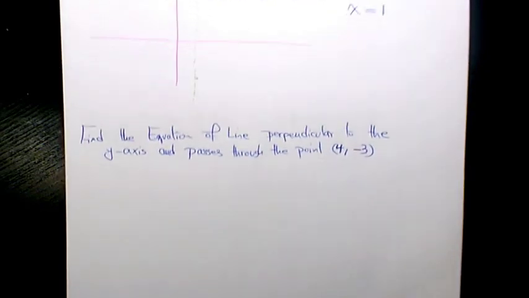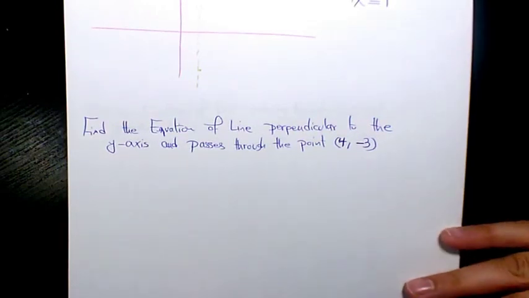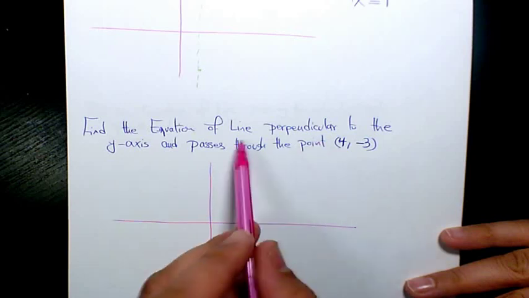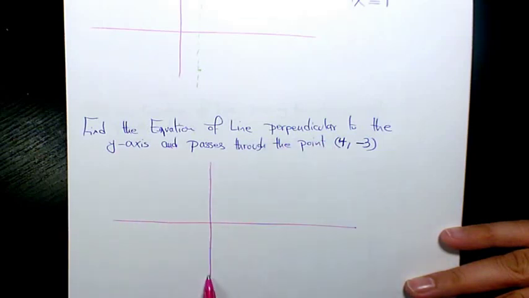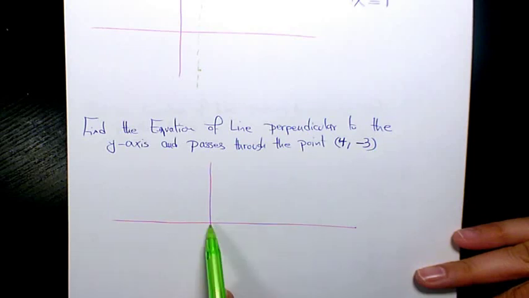In this example, it says find the equation of the line perpendicular to the y-axis that passes through the point (4, negative 3). Again, perpendicular to the y-axis is going to be a horizontal line. The point is 4 and negative 3.